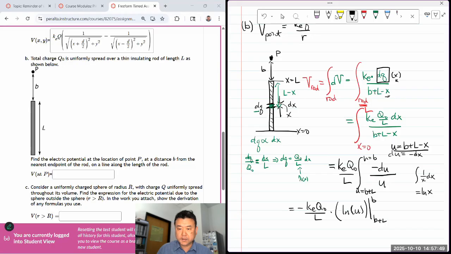Let me just do it in place in the interest of time. Plugging in these limits, this becomes natural log of b minus natural log of b plus L.